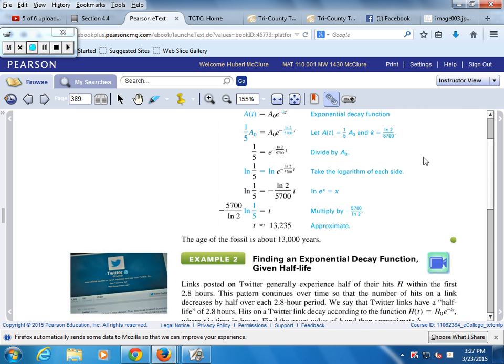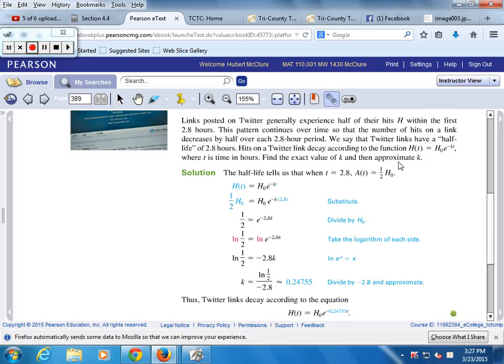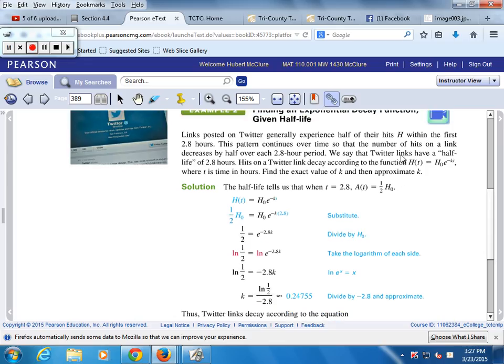And this is your given half-life. Half-life would be 1/2 the initial, so you have to throw that in there. It'll say half-life or some form of half-life.